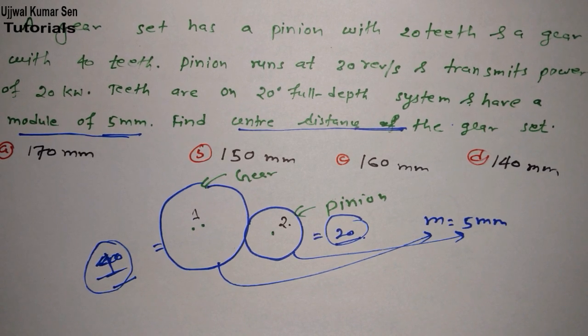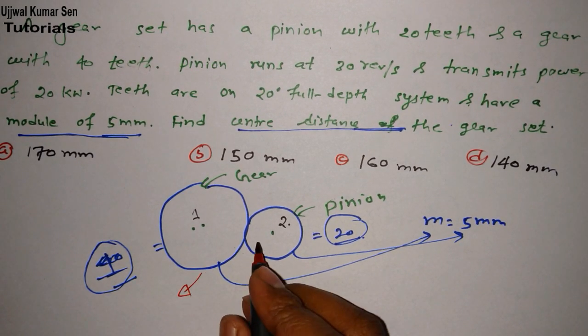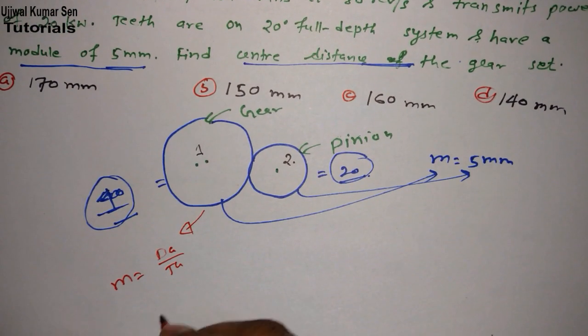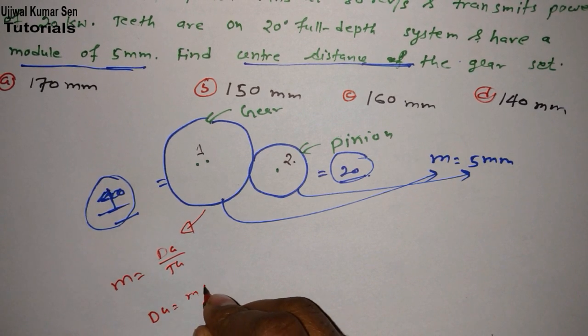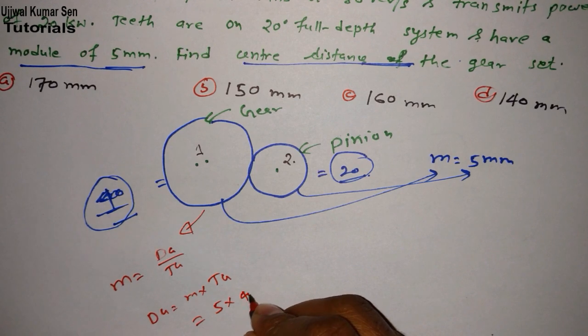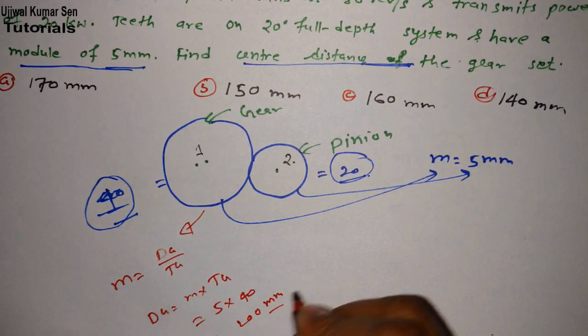Now let's go step by step. Let's find the diameter of the gear. We know that m is equal to dz by tz. Therefore dz is equal to m multiplied by tz. So m is 5, tz is 40. So we got 200 mm as the diameter of the gear.